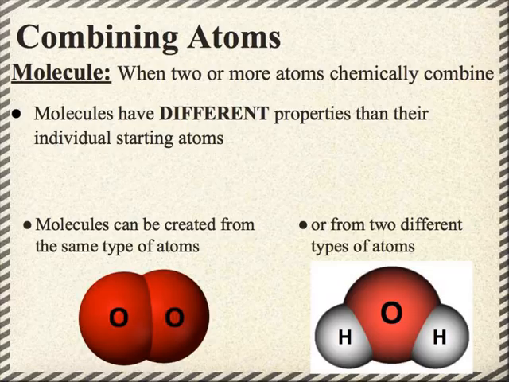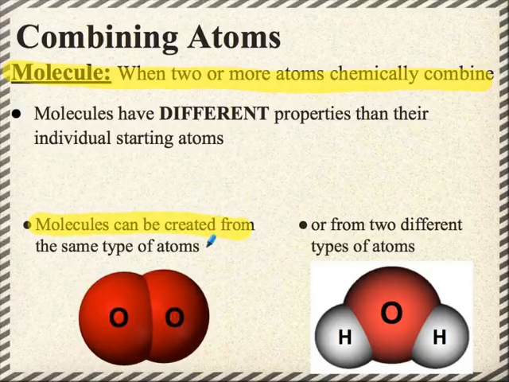Okay. Now, molecules, on the other hand, are a very general statement. Molecules are when 2 or more atoms chemically combine. So this time, molecules can be created from the same type of atoms or from 2 different ones. And this is probably going to confuse some of you guys: all compounds are molecules, but not all molecules are compounds.